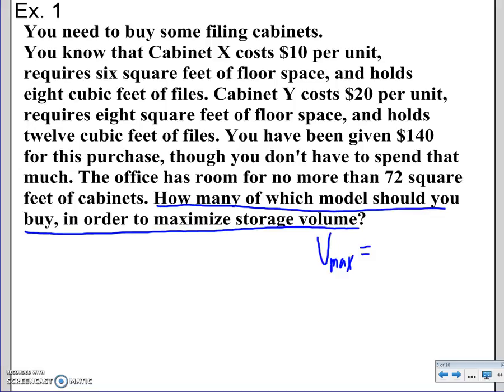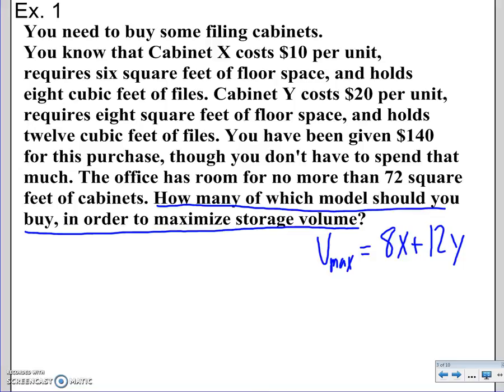It gives us 8 cubic feet each, and the cabinet Y gives us 12 cubic feet each. I'm going to graph that. That's my equation to plug my vertices in, because the vertices of the feasible region will always give us the max and the minimum. So now I have to figure out what my equations are.